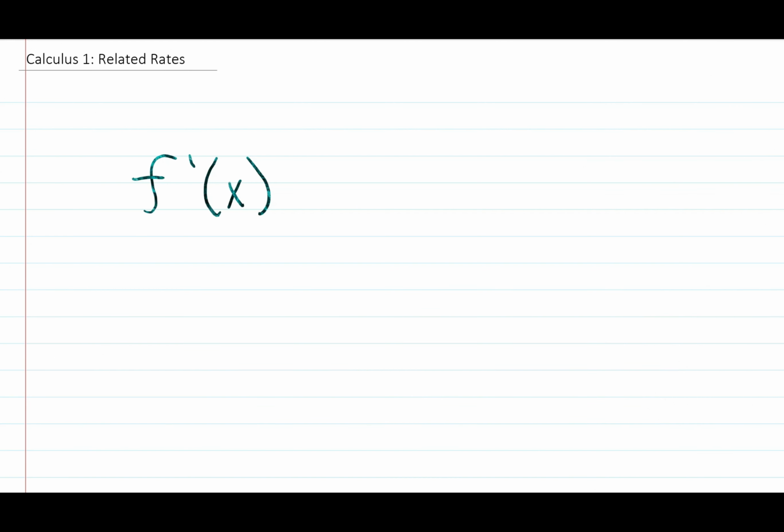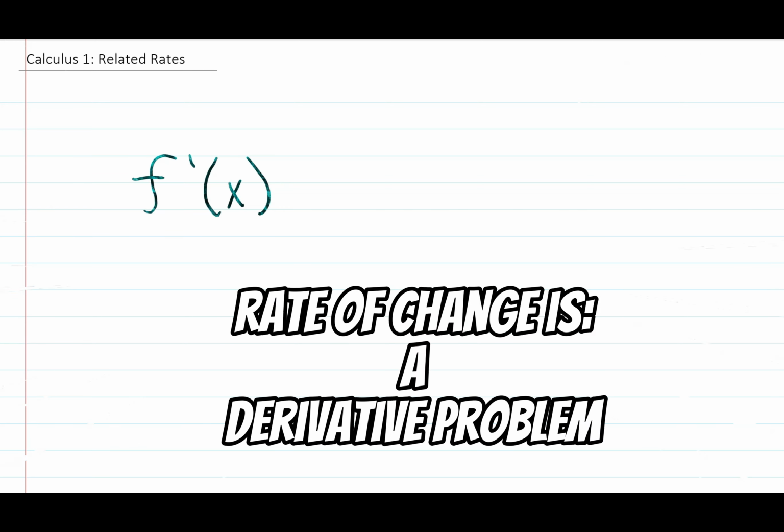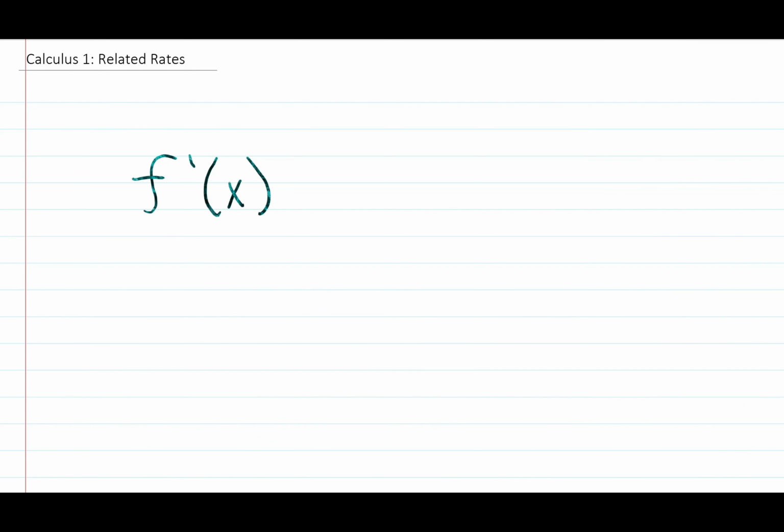Therefore, any problem or question that talks about rates of change, we can reword as a question about derivatives, right? When we calculate derivatives, we're calculating the rates of change.